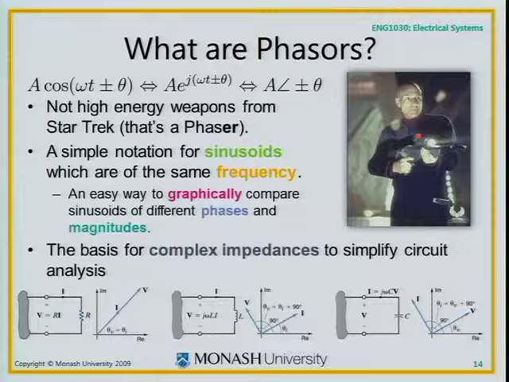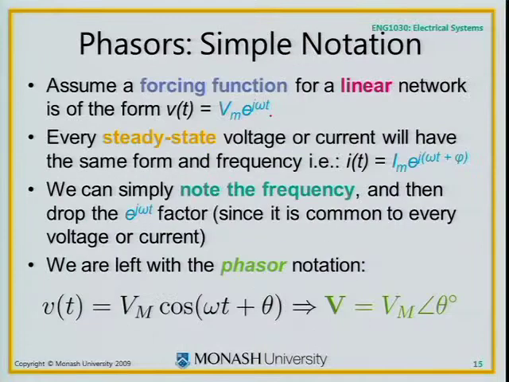I said the phasor is the complex number corresponding to the amplitude and the phase, A e to the j theta. We've sort of covered this.